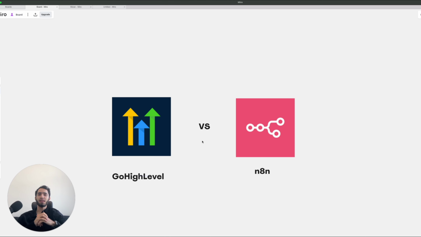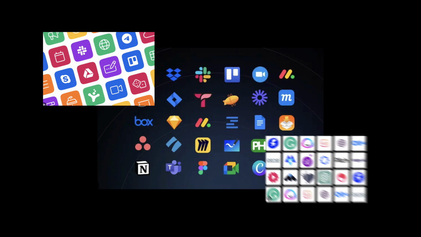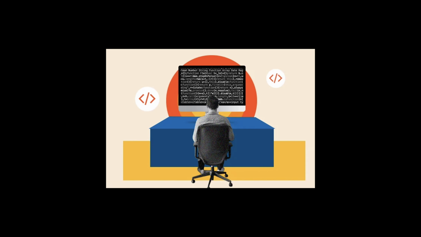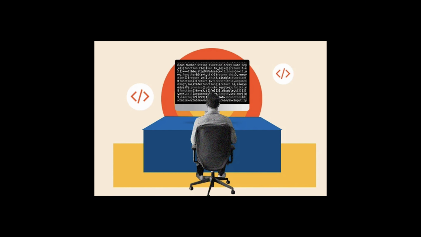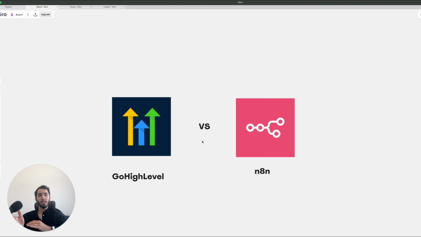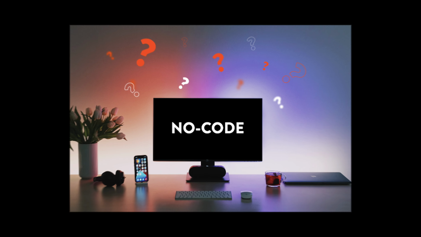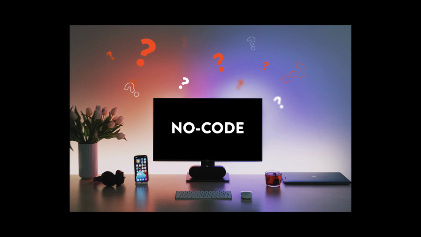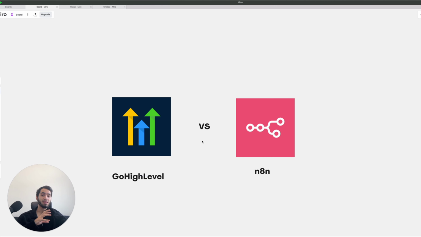Basically it's a hub of tools, like all the tools you can imagine. Imagine you're a developer, right? A developer can code anything. It's about his level of expertise. You need to know how to code, then you can build anything. N8n is the same, but you don't need to code. It's a no-code platform. There is a bit of coding needed, but basically you can build anything within the app itself, right?